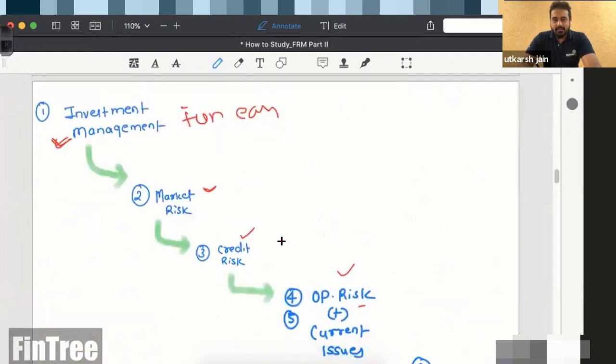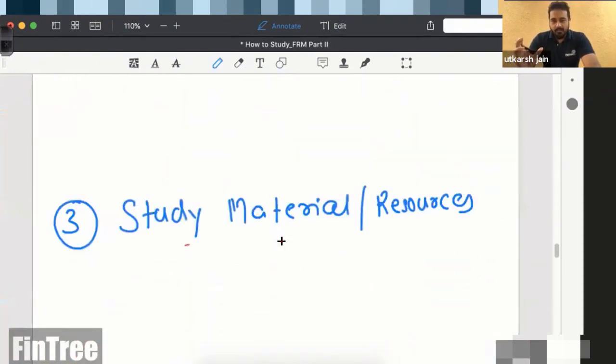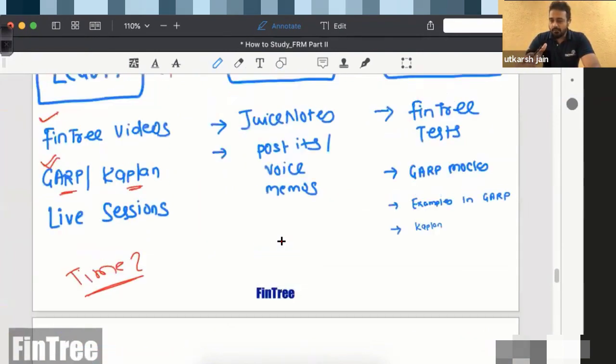So that way, Kaplan gives you that incremental reduced time, but it comes at the risk of leaving out certain important pieces and oversimplified language. So therefore, again, the suggestion is, if you are a full-time student, GARP makes more sense because you would be able to invest incremental time. But if you're working and trying to manage your job and studies together, then clearly Kaplan is a more practical solution.